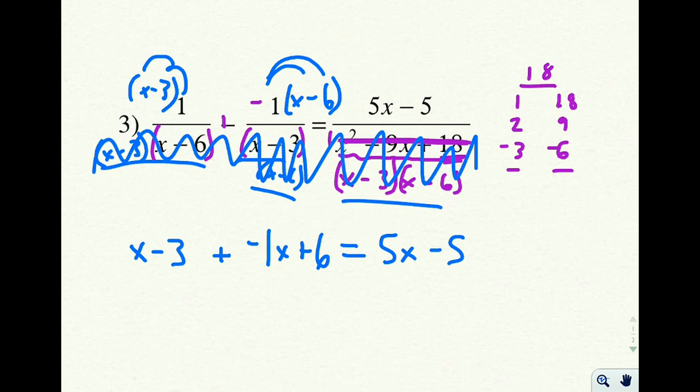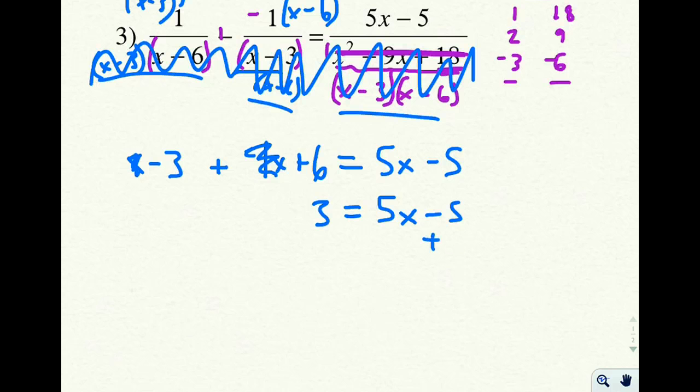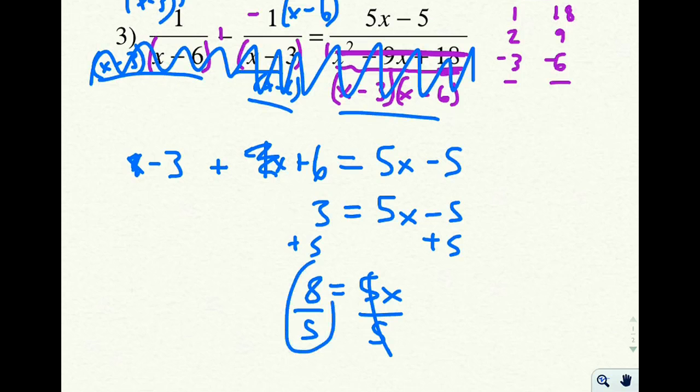We clean this up. x and negative x do cancel each other out. Negative 3 and 6 makes a 3 on this side. Keep working through this, add 5 to both sides of the equation, and we end up with 8 is equal to 5x. Divide by 5, and x is equal to 8/5.